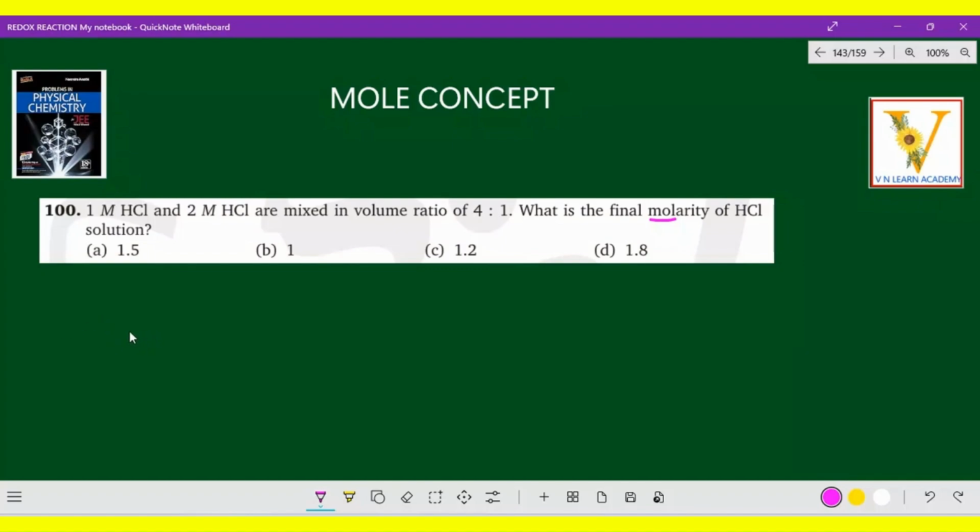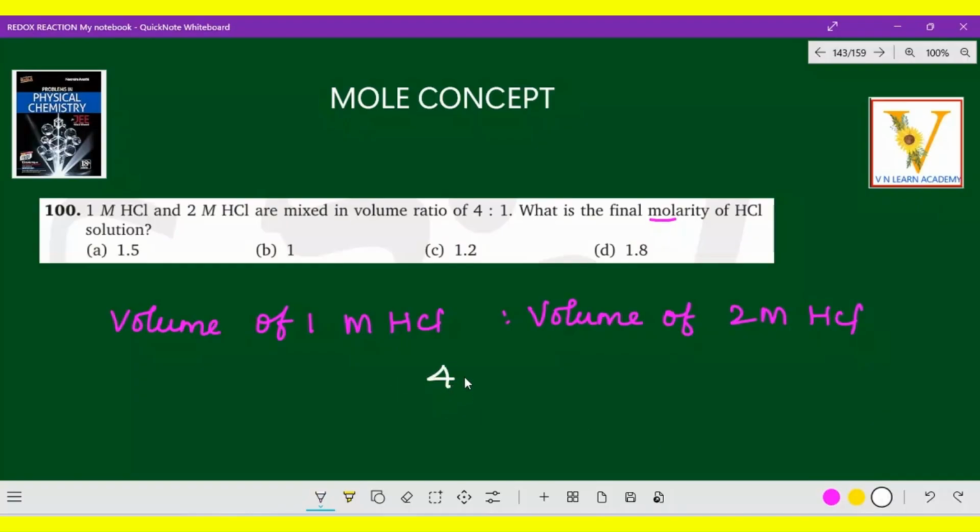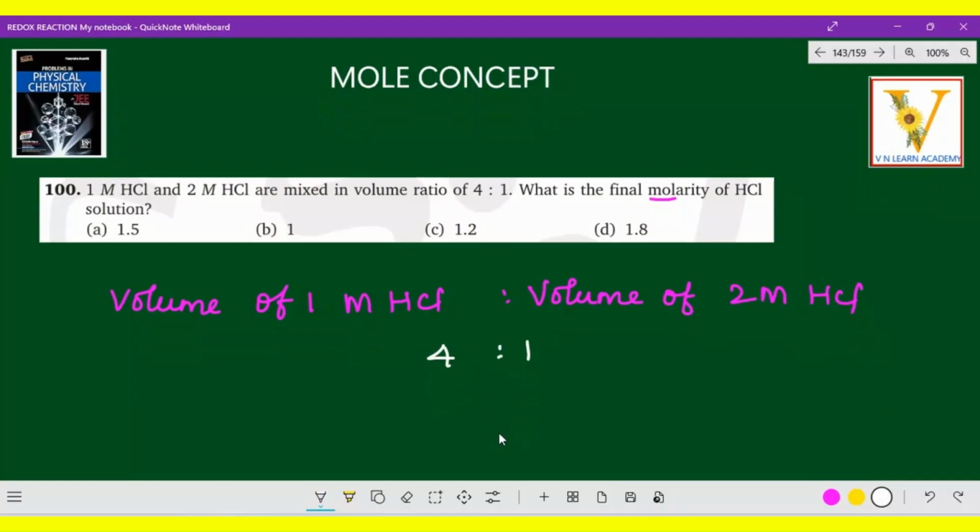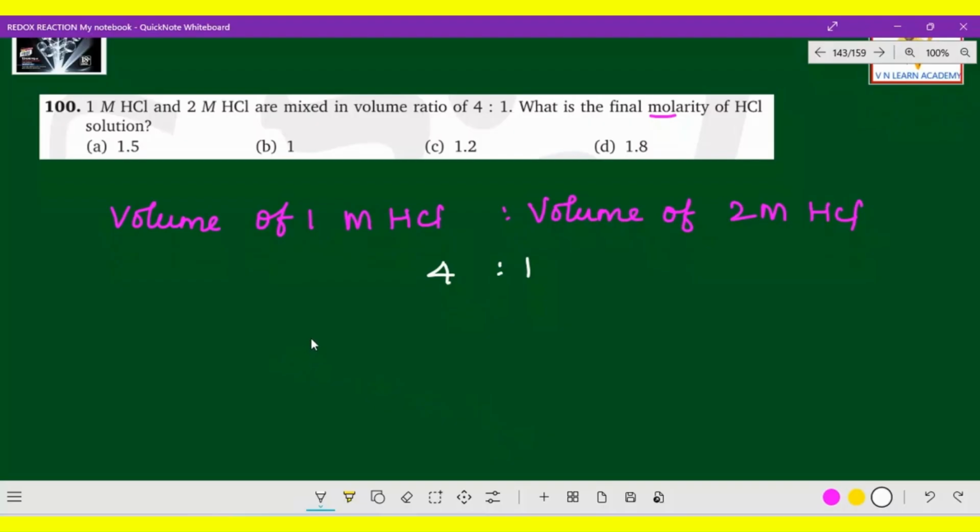Right now, here, okay, volume in ratio: volume of 1M HCl and volume of 2M HCl. So, what is the ratio? It is 4:1. Right. Now, volume of 1M HCl, it is 4 volume.